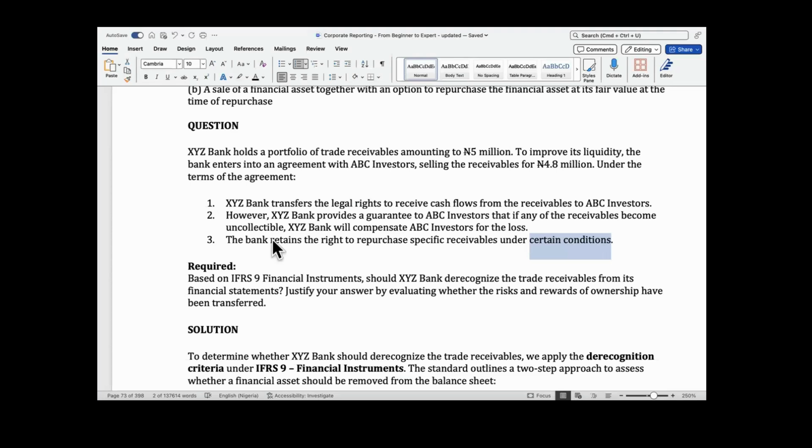But you see, the fact that he undertakes significant credit risk here goes to show that he has not transferred the risk and reward. So for that reason, XYZ Bank cannot derecognize this receivable. That means he will still continue to recognize this 5 million in his books as receivable. But the funny thing is that he has already collected 4.8 million from ABC investors.